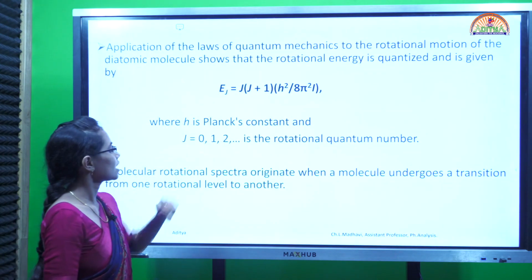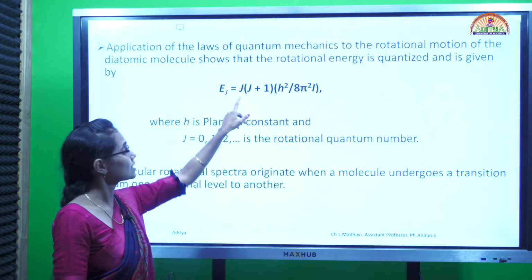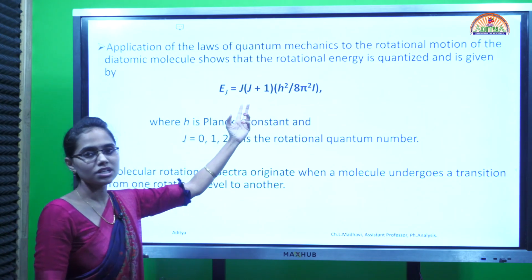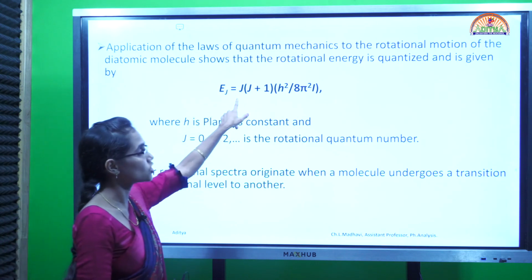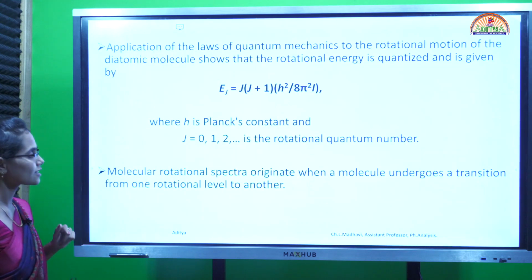J can be 0, 1, 2 and so on. The energy levels J and J plus 1 are very close energy levels; if J is the lower energy level, the next energy level is indicated by J plus 1.